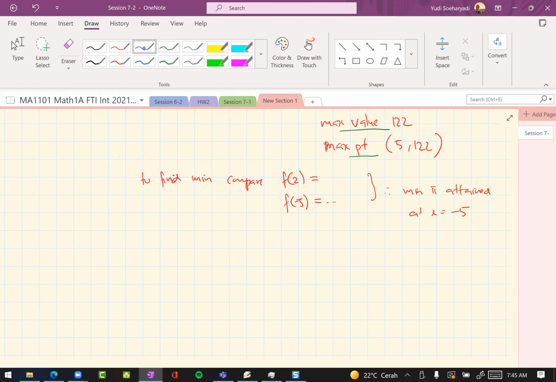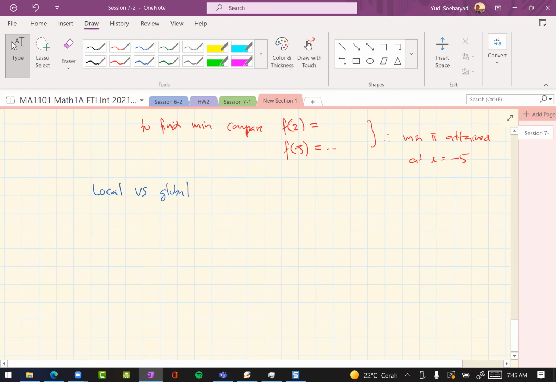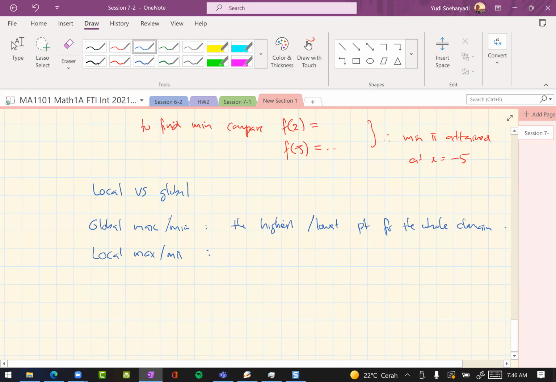So let's write this down. What we call global max or min is the highest or the lowest on the whole domain. And local max or min is the highest or the lowest point on a small neighborhood.